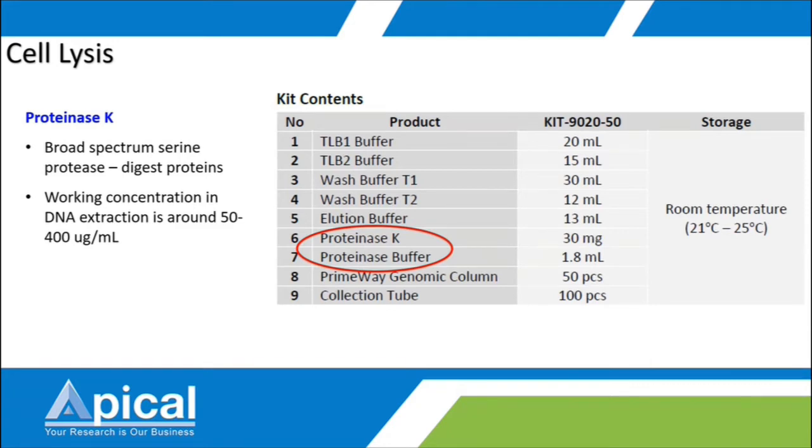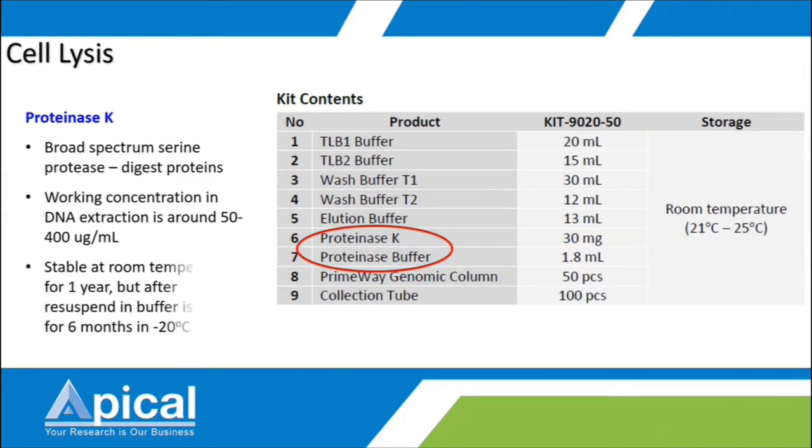So this condition is quite optimized already. And then for the storage, do remember the storage of proteinase K is very important because you want to preserve the function of the proteinase K, right?